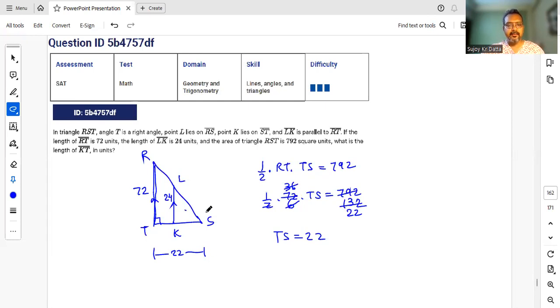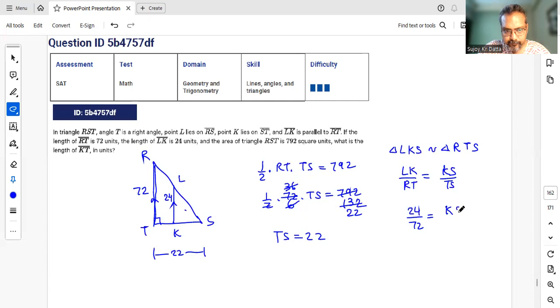Now again, the small triangle LKS and the big triangle are similar. So we have triangle LKS similar to triangle RTS in that order. So LK over RT should be equal to KS over TS. Plugging in the values: LK is 24, RT is 72, KS we don't know, TS is 22. KS comes out to be 22 over 3.